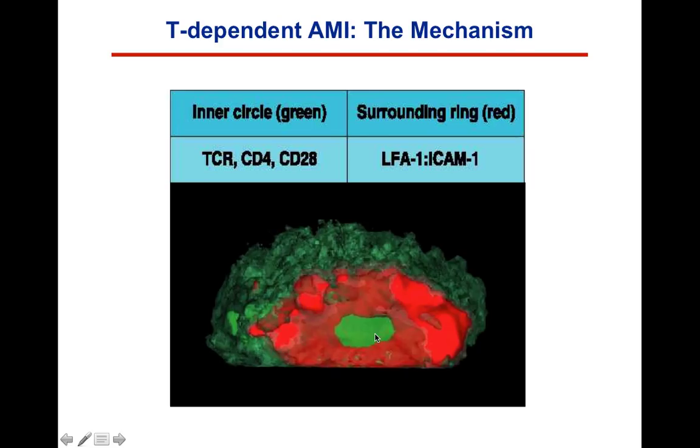This is referred to again as the immune synapse, just like in neuroscience, you have the neurological synapse, the interaction between two neurons. In this case, this is a T cell interacting with a macrophage, dendritic cell, or a B cell. So it's highly organized.